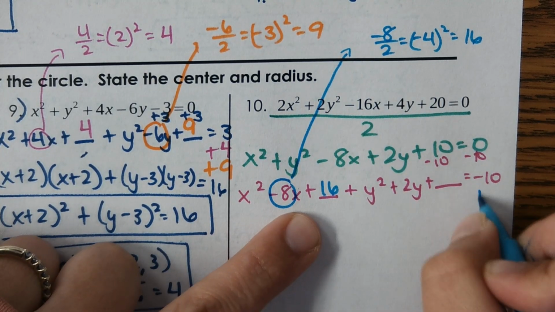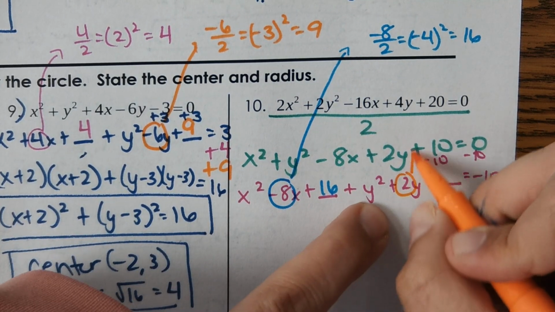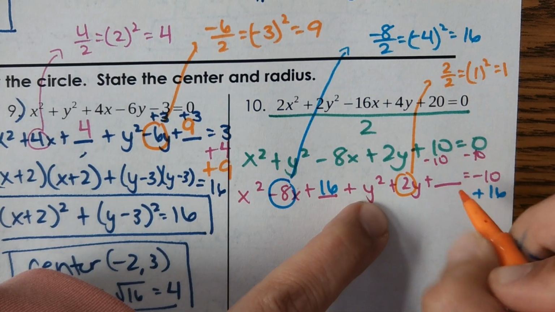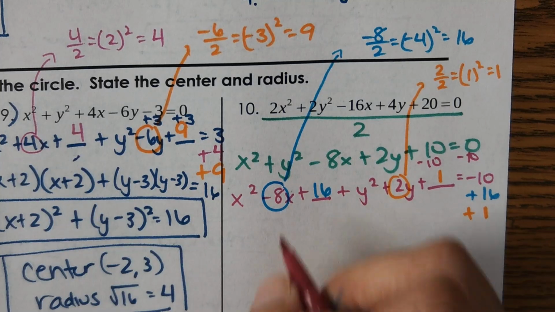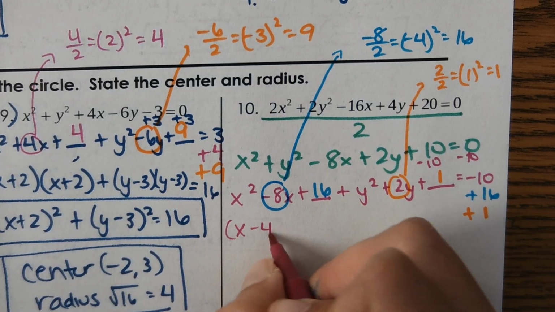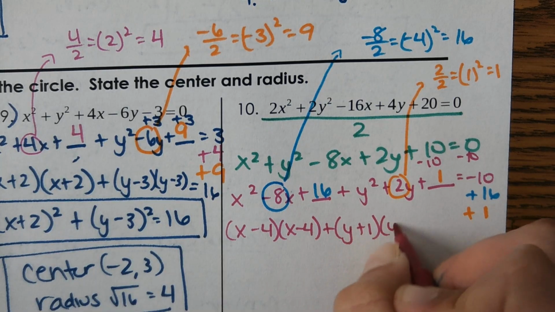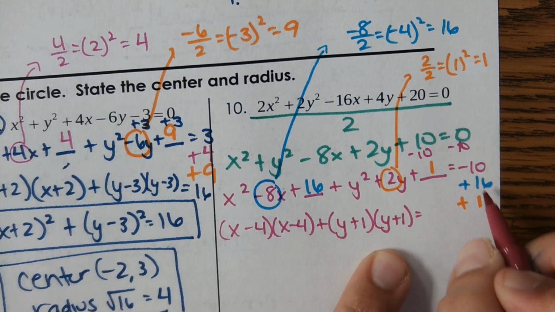Whatever I add on this side, I gotta add over here. This middle term, 2 divided by 2 is 1, squared is 1. X minus 4 plus y plus 1, y plus 1 equals 7. -10 plus 16 would be 6, plus 1 is 7.